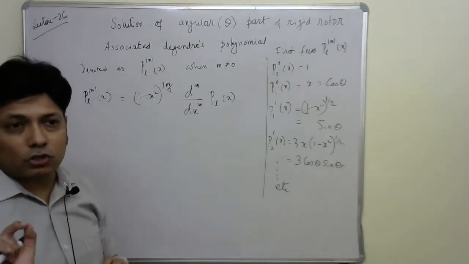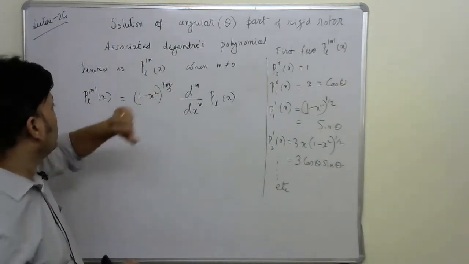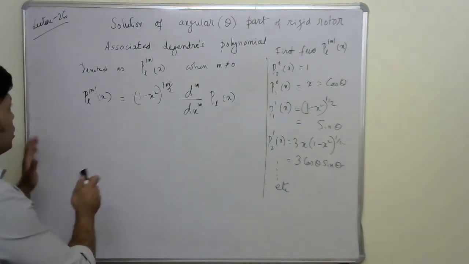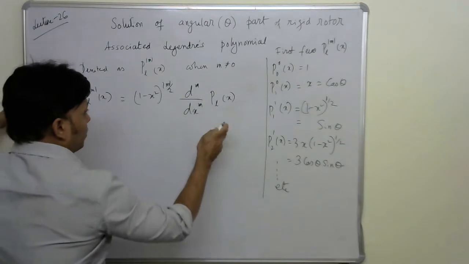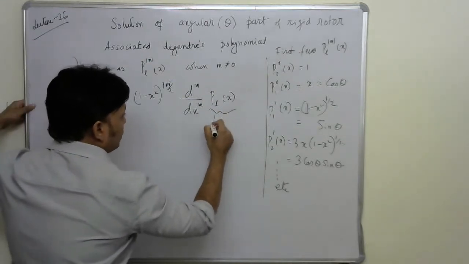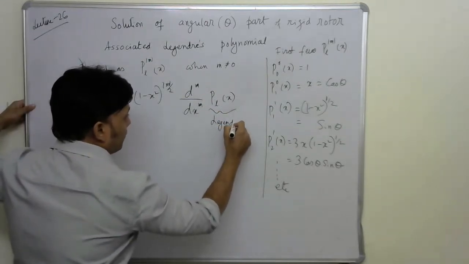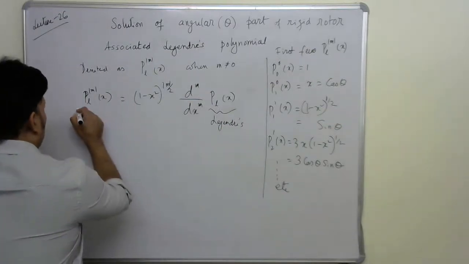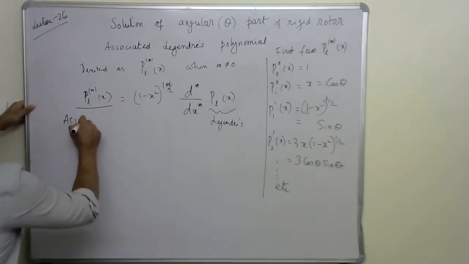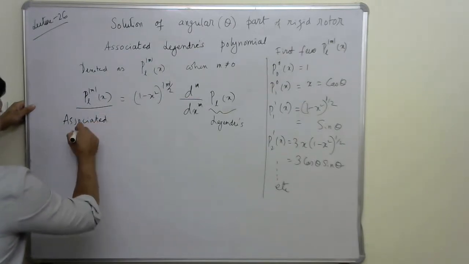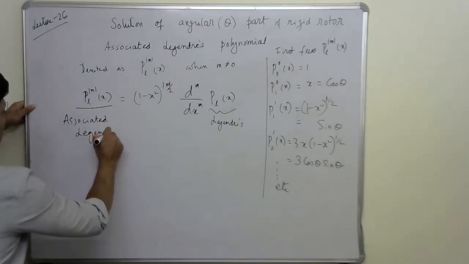For m plus or minus 2, we only take the value 2. This is the relationship between the associated Legendre's polynomial and the Legendre's polynomial. This part P_l(x) is the Legendre's polynomial, and this part P_l^m(x) is the associated Legendre's polynomial.